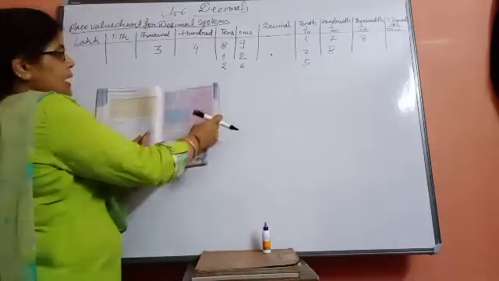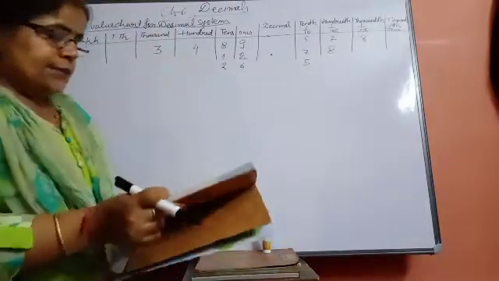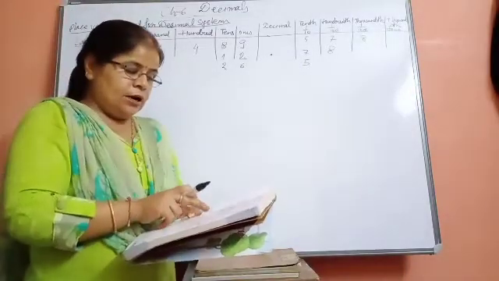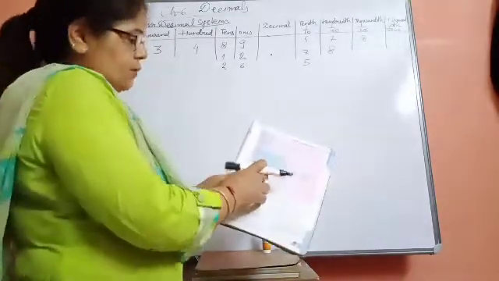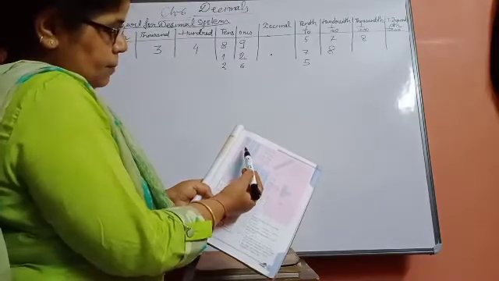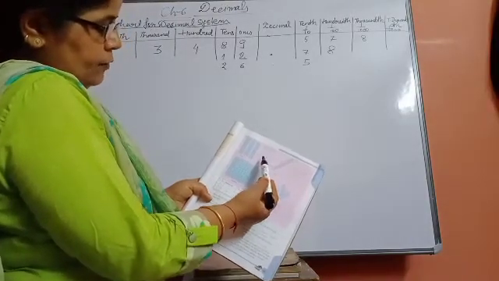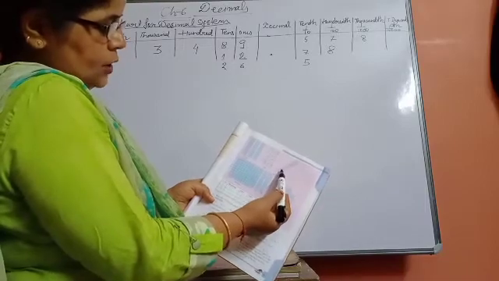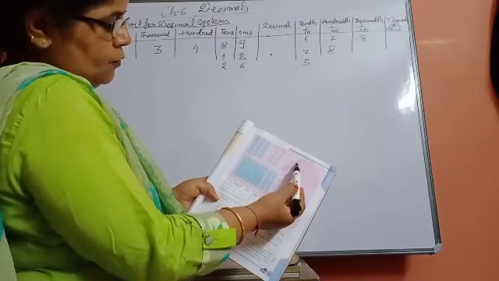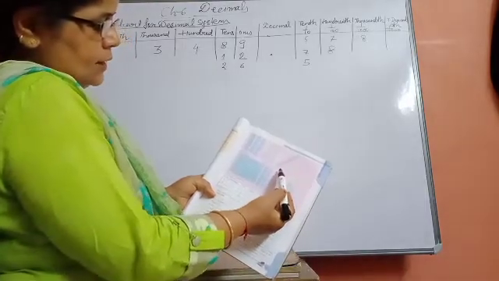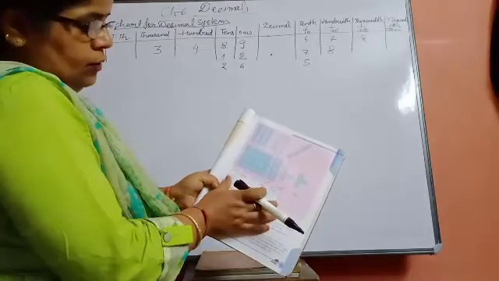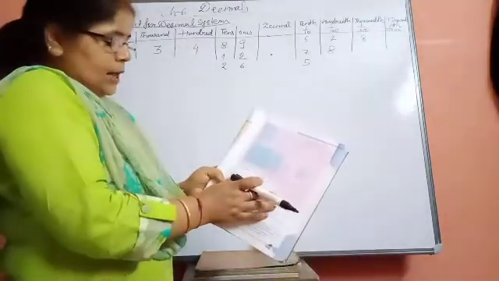In this way, you will do the B and C parts yourself and fill them in this question. You can see, how many in the B part? 1, 2, 3. 3 tens are there. 8 ones are there. And then tenth, 1, 2, 3, 4, 5, 6, 7. 7 tenths are there. So in this way you will fill these numbers in your given table.